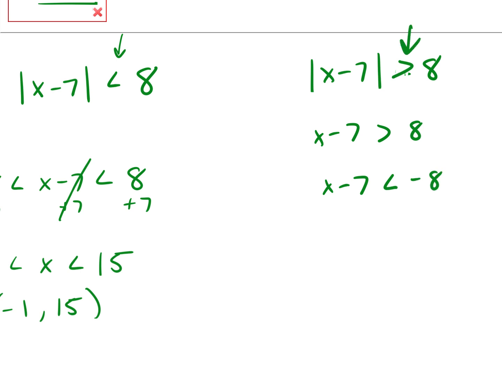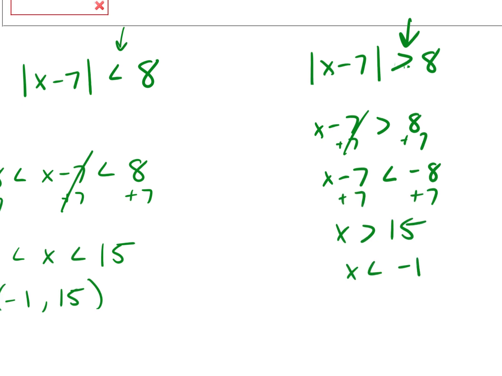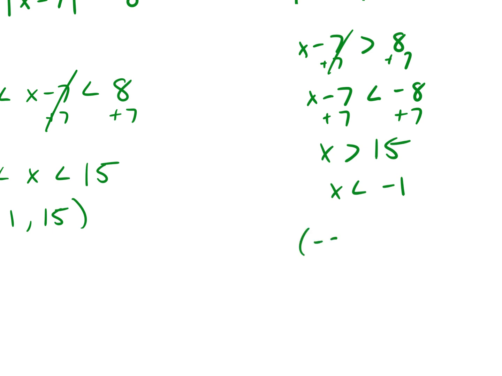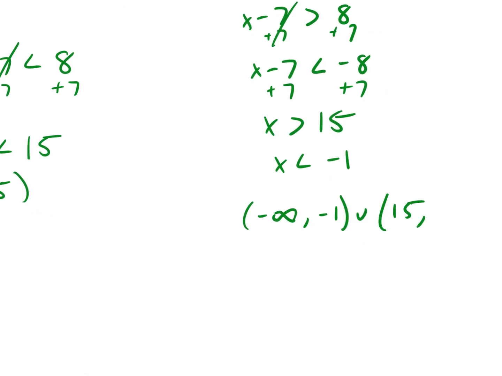So greater, you split it up into 2 of them. So add 7. X is greater than 15, add 7. X is less than negative 1. So this would be outside. So it'd be from negative infinity to negative 1, and then from 15 to infinity.